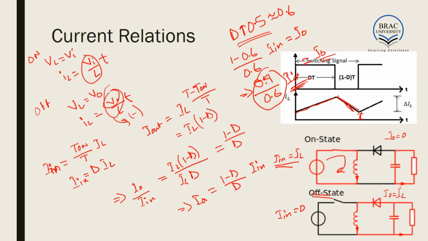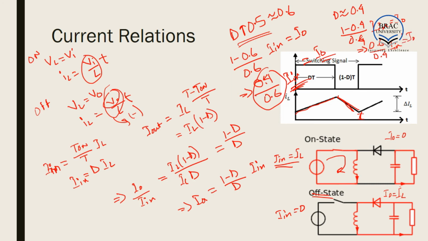So this follows boost operation. If D is less than 0.5, suppose D is equal to 0.4, 1 minus 0.4 by 0.4, I in is equal to I out, or 0.6 by 0.4 I in is equal to I out.